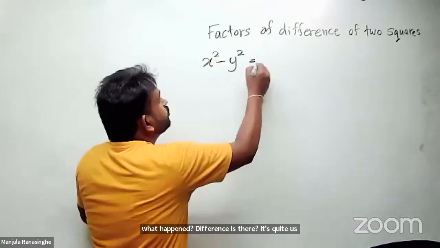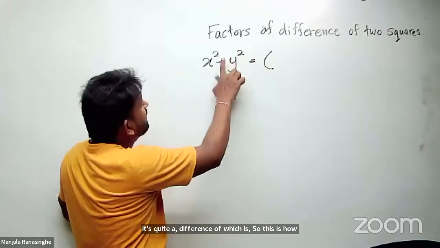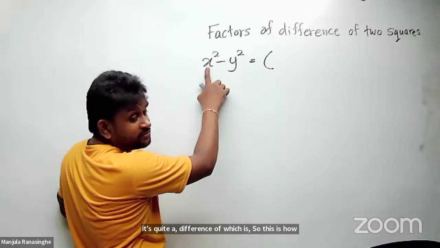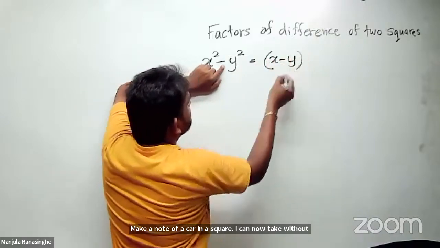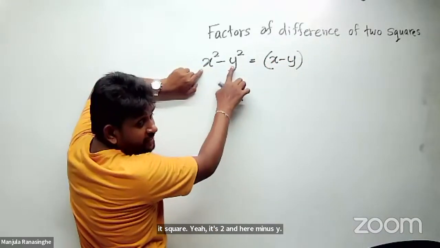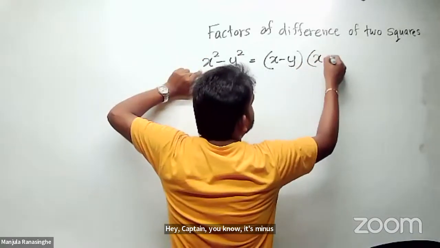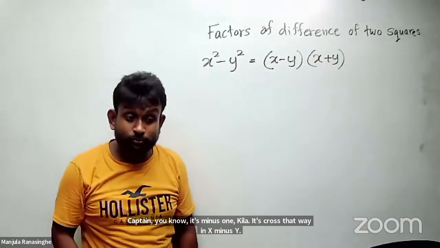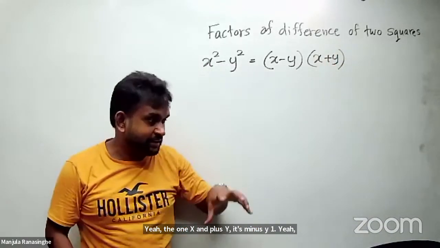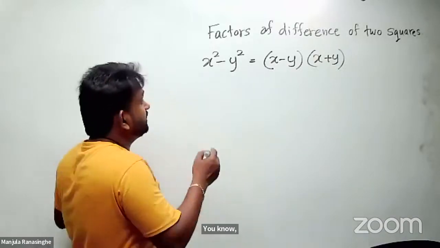So this is how you factorize. Disregard the squares. Take x without the square. Here x and here minus y: one factor is written as x minus y, without squares. The other one is x and plus y. One is written with subtraction and the other with addition. Right. See the format.